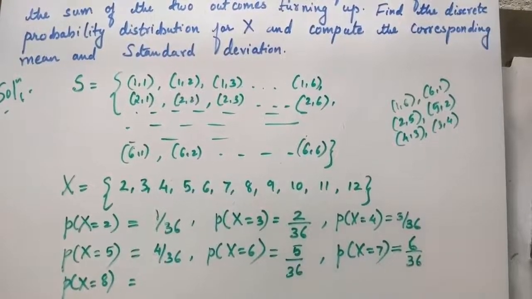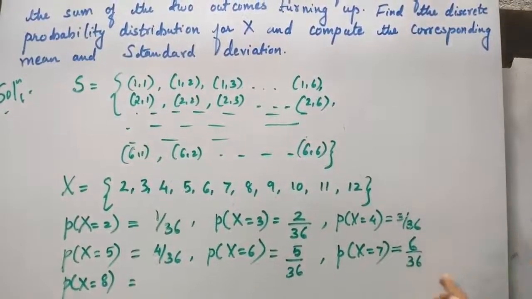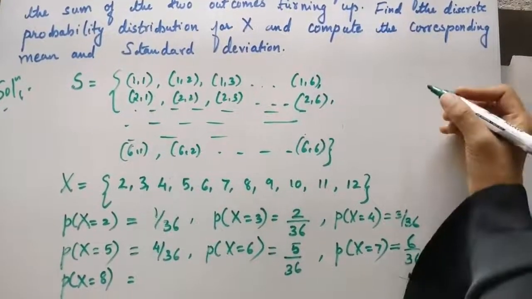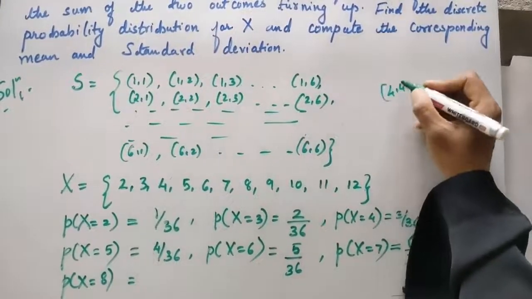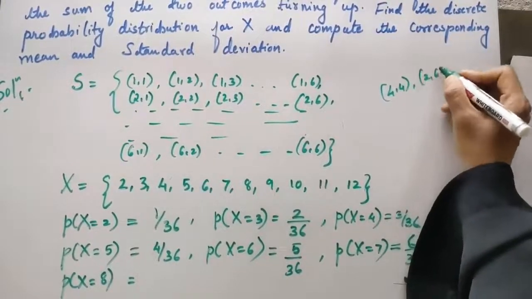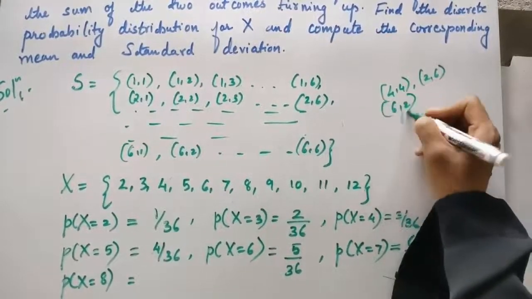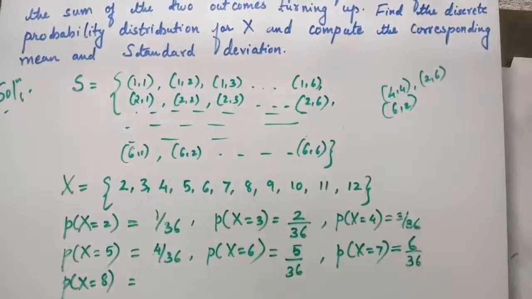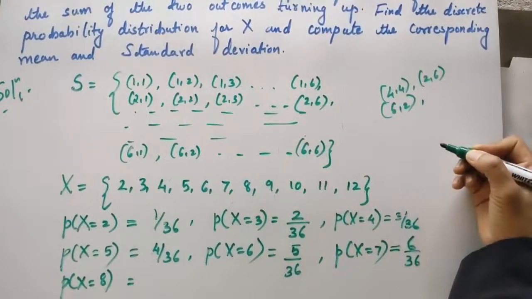When x is equal to 8, how many such pairs are resulting in the sum to be 8? First of all, it is 4 comma 4, 2 comma 6, 6 comma 2. So these are the ordered pairs which result in the sum to be 8. Okay, any other possibility which gives you the sum to be 8?